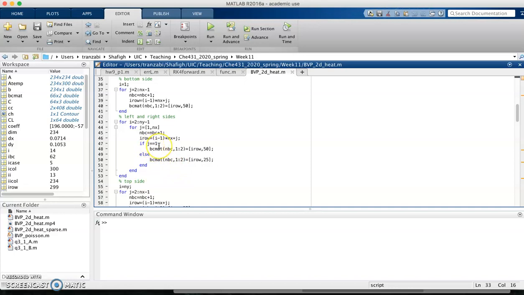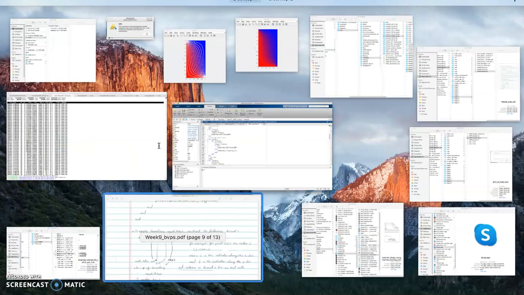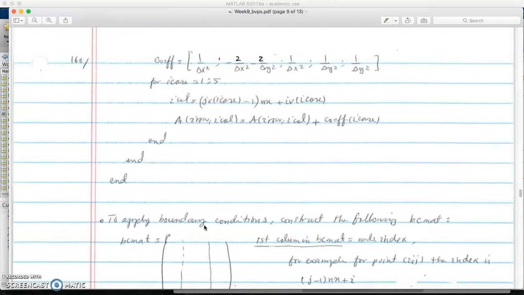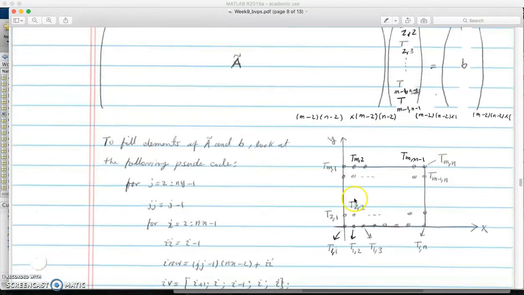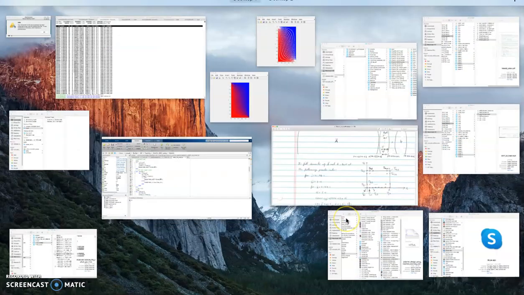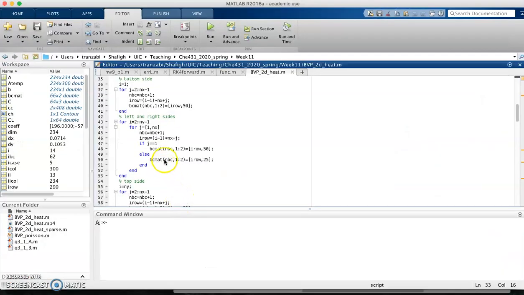When j is 1, that corresponds to, let's say, this edge, and the temperature along this is 50. So then I go here and say when j is equal to 1, then I record the row index of that point and the temperature corresponding to that point. Okay? So that's how I fill BC mat.